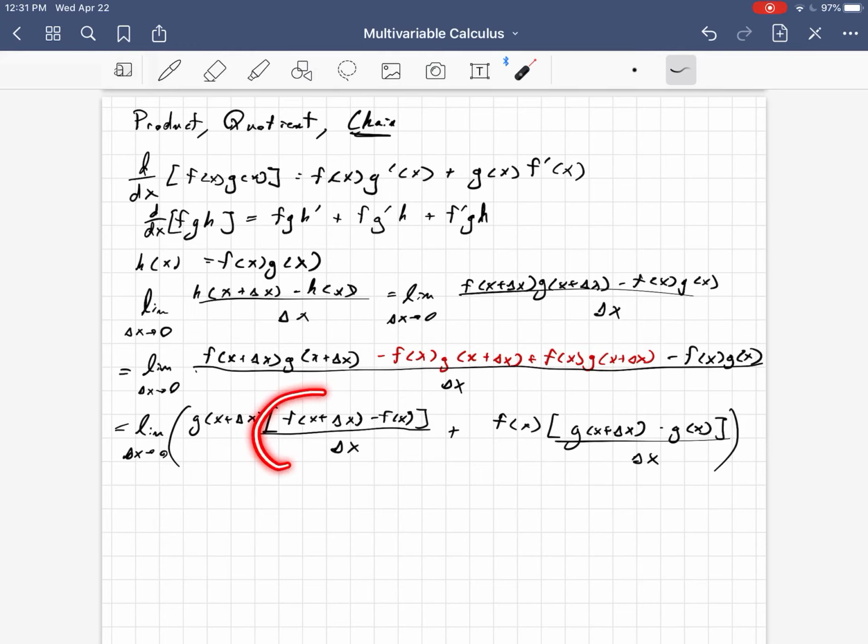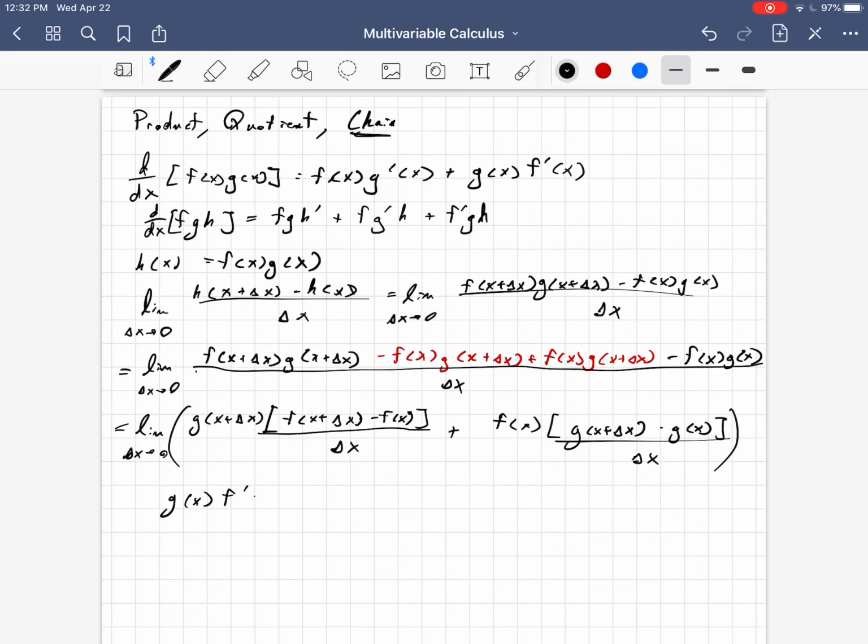Now, watch this. Let's first focus on this first term here in the sum. If we have the limit of a product, this g of x plus delta x times all of this stuff, we can make that the product of the limits. So if I take the limit as delta x goes to 0 of g of x plus delta x, well, that's just g of x, because delta x becomes 0.